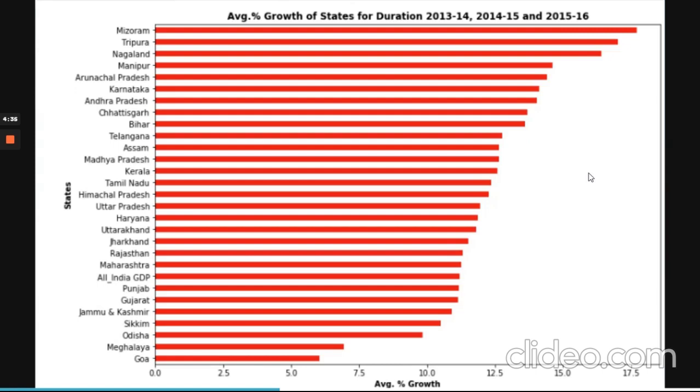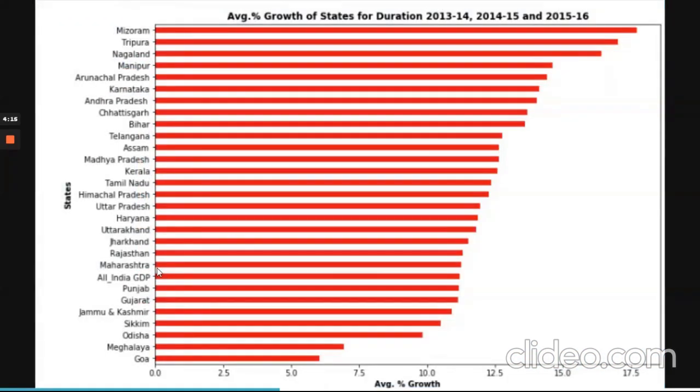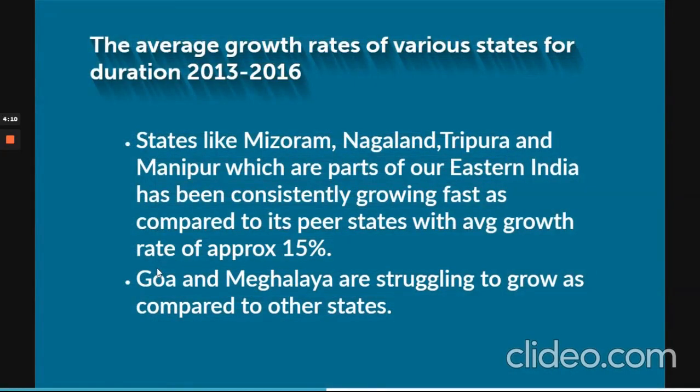Okay, so as you can see in the given graph, which is a bar graph, there are different states here. In these states, the union territories are not included. What we are seeing in this graph is the average growth rate of various states for the duration 2013 to 2016. From the states Mizoram, Nagaland, Tripura, and Manipur, the growth rate is consistently high.